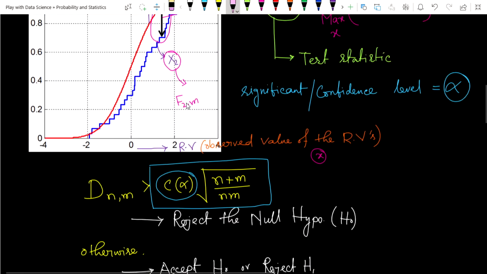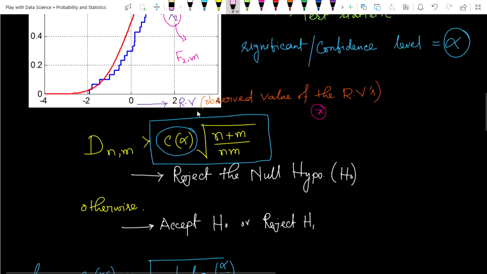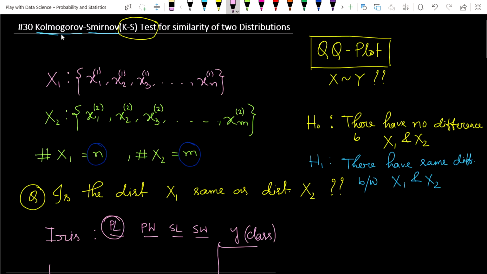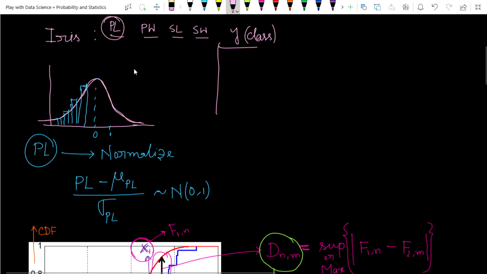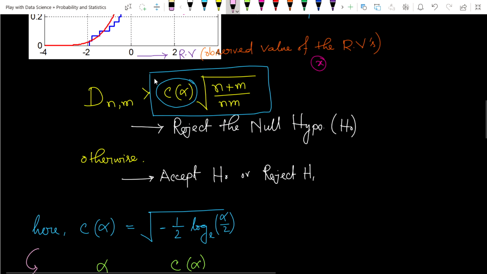The main contribution of these two mathematicians, Kolmogorov and Smirnov, is this formula. This is the threshold value they gave us.